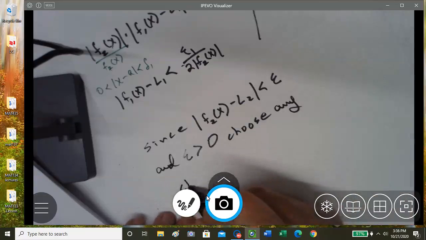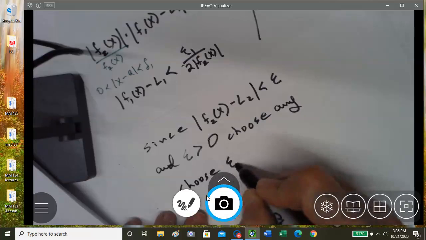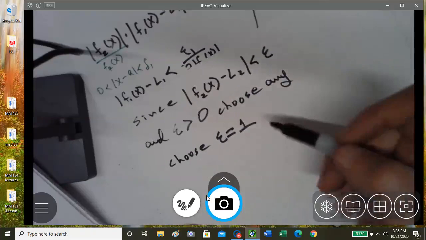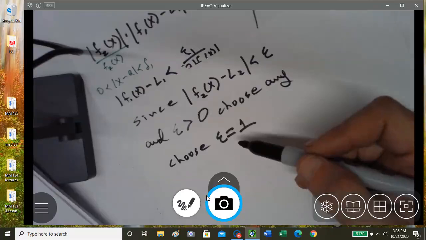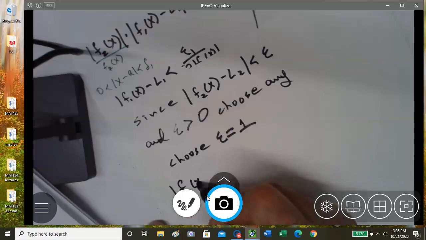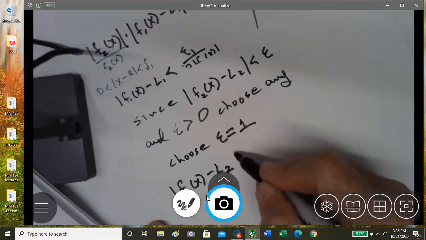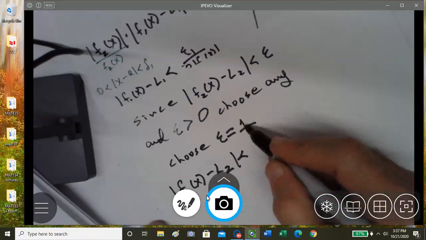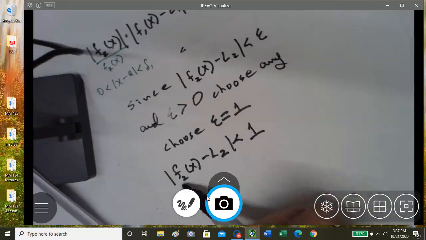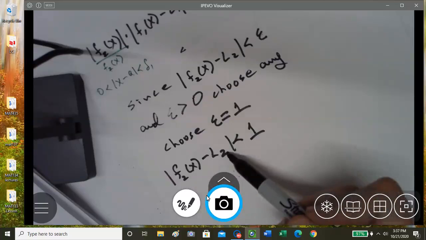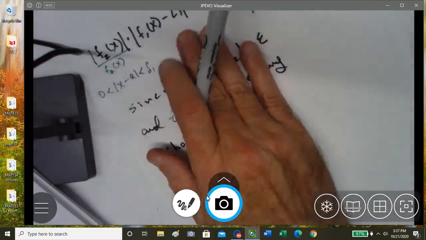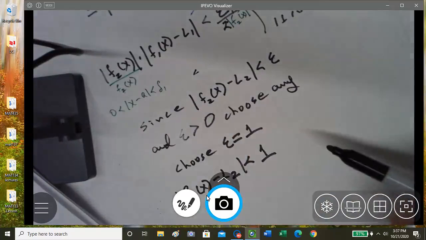So we choose epsilon to be equal to 1. We can choose any number, but 1 is easy. So we can say here that the absolute value of f2(x) minus L2 is less than, replacing epsilon with 1. We could use any function, f(x) minus L, but because our function has f2 in it, we're going to use f2.